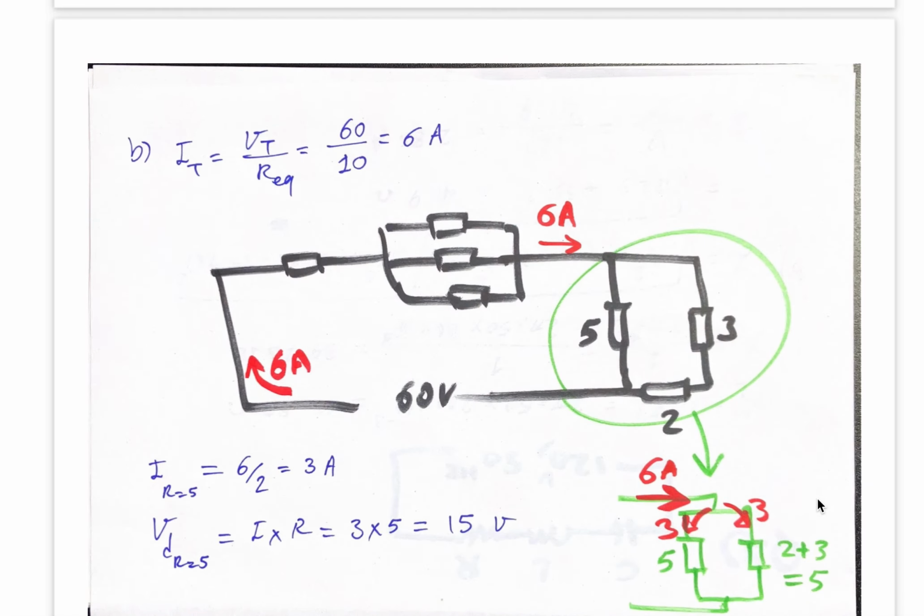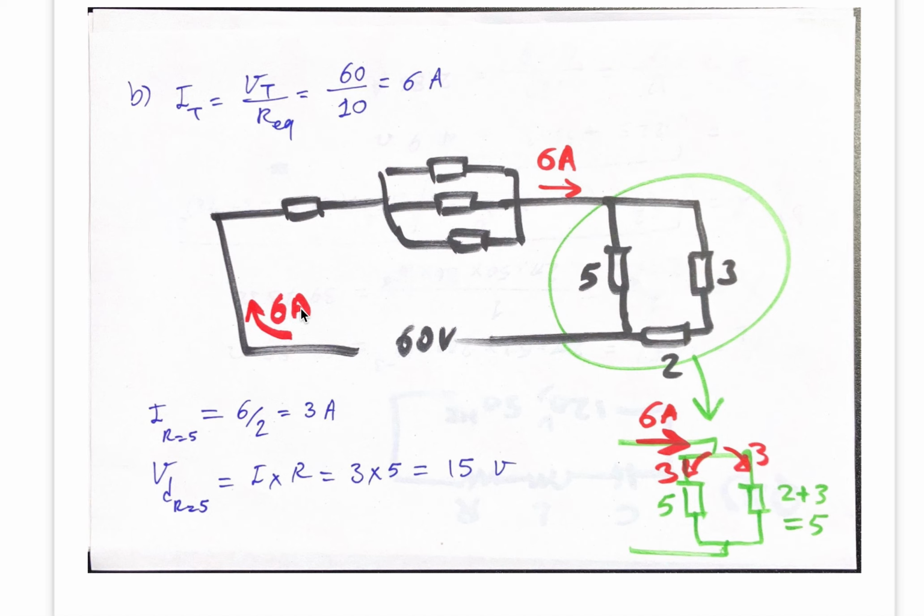In section B, the question is, what if the voltage is 60 volts? What is the total current and what is the voltage drop in resistor 5, this one? So before calculating the voltage drop of this resistor, I need to know the current here.